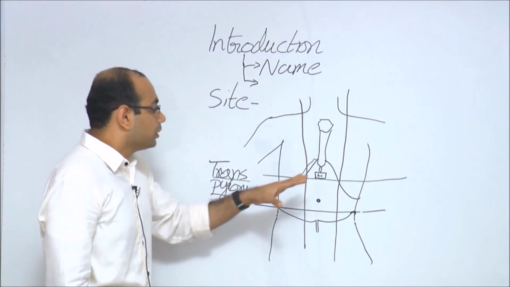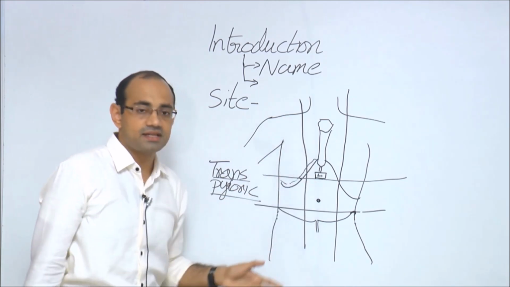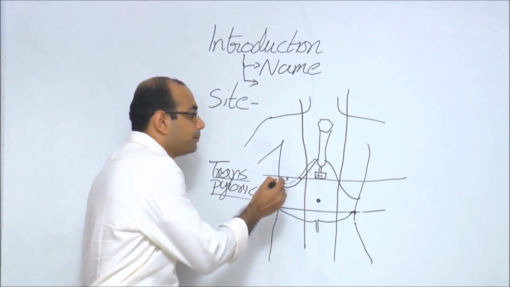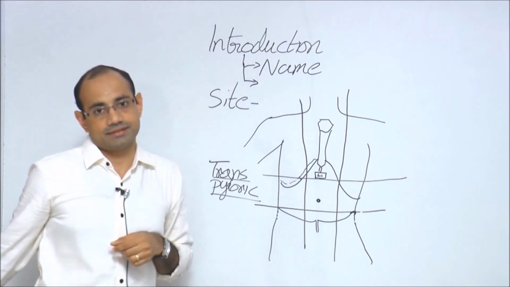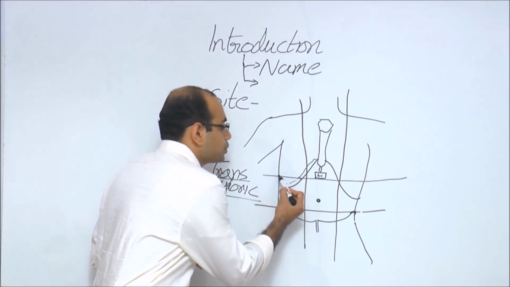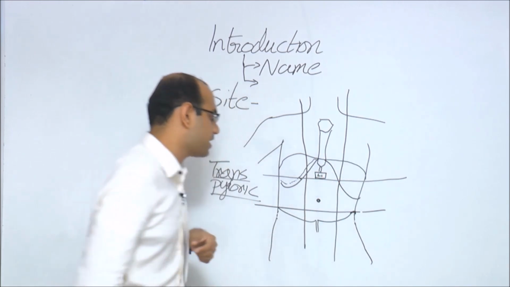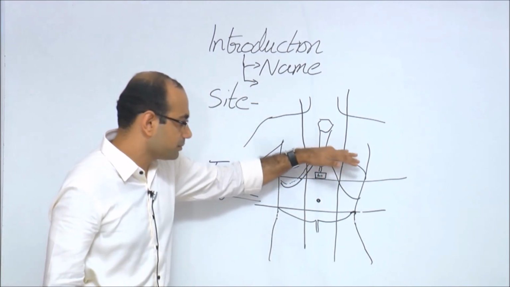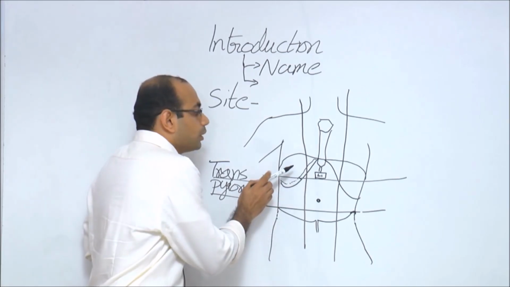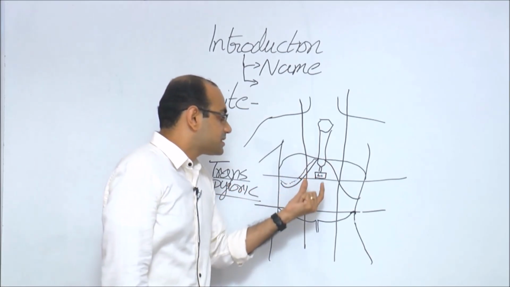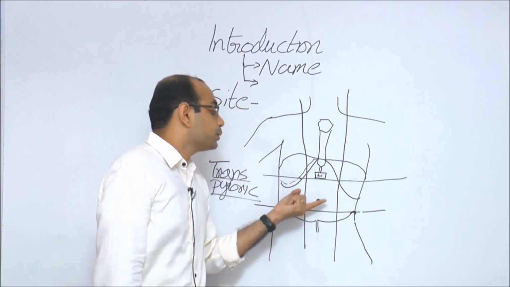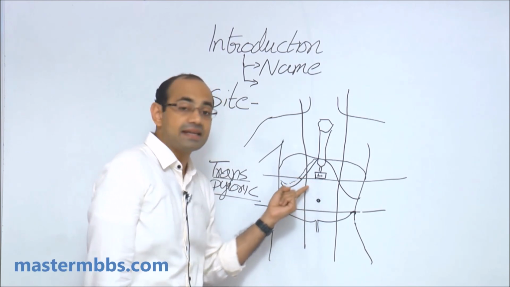Okay, now that we have drawn all these planes, let us see how it is divided. We have mainly 9 quadrants here. And here I'm just going to show you how the diaphragm is going to be represented. This is the diaphragm. So actually below the diaphragm you have the abdominal cavity. So what are these planes? This is the umbilicus, so you can call this the umbilical region.